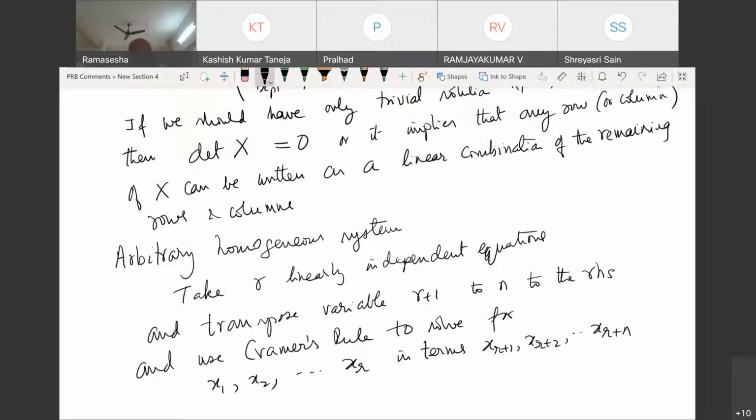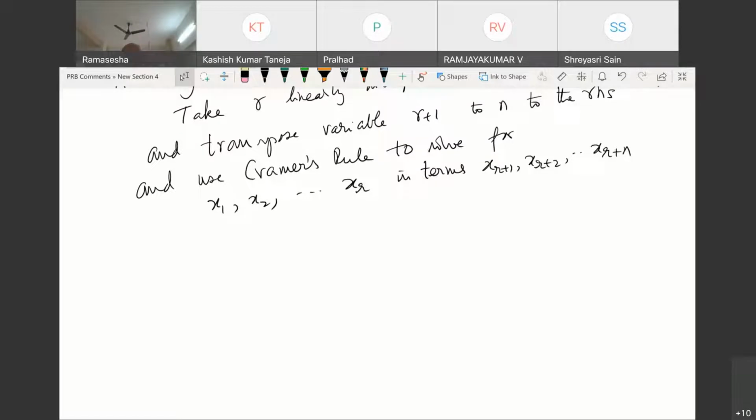And what you get is that the vectors that give a solution are n minus r in number.